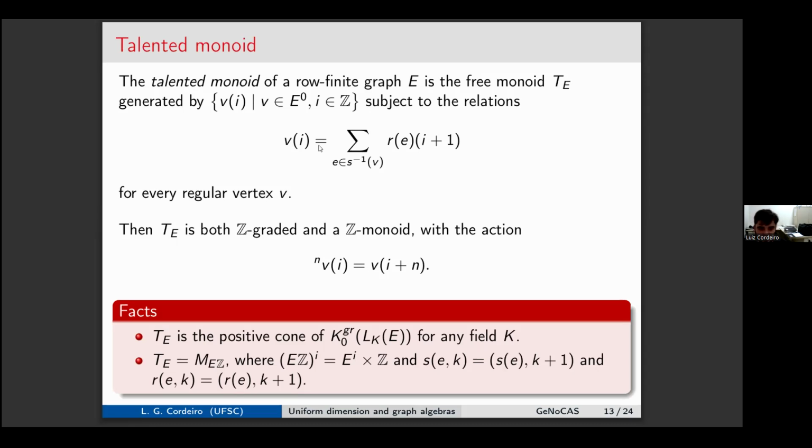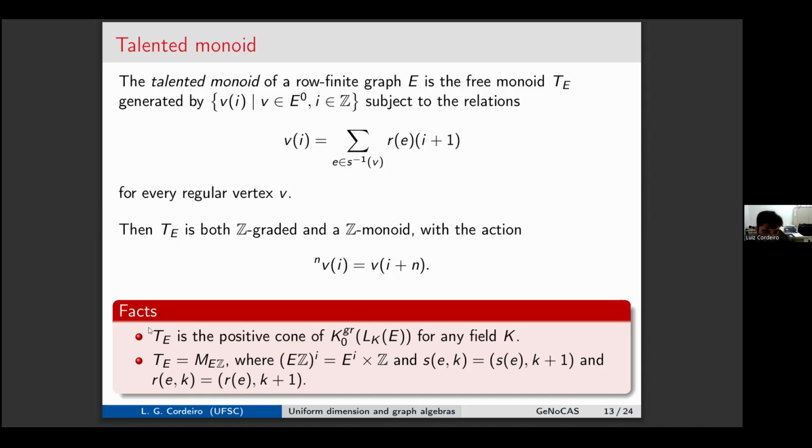Then this talented monoid is both Z-graded, because we have these markings on the generating set by elements of Z, and it's also a Z-monoid with the action which simply takes a vertex V marked with I and adds an element of Z to its marking.